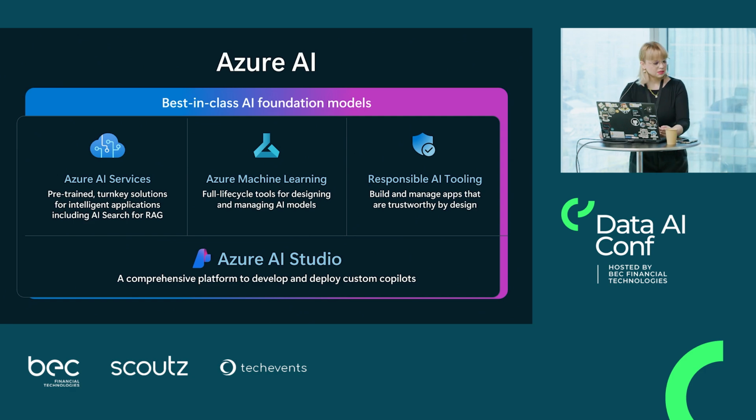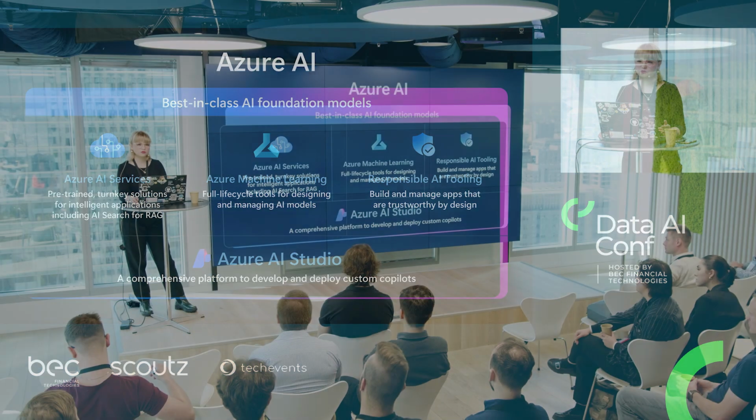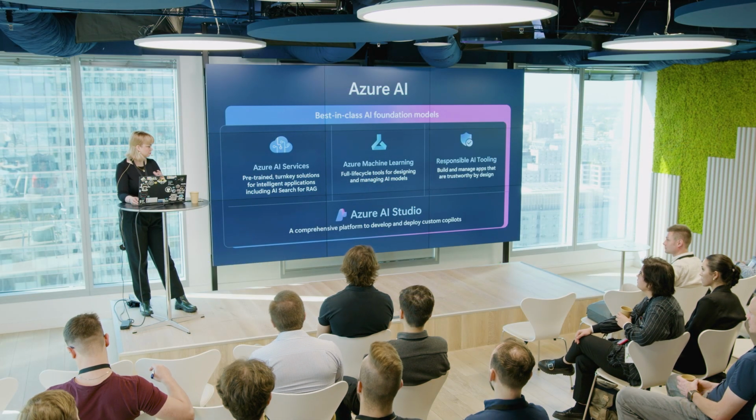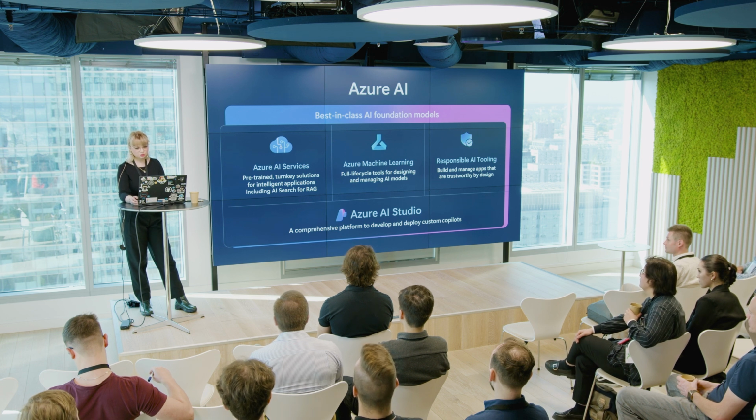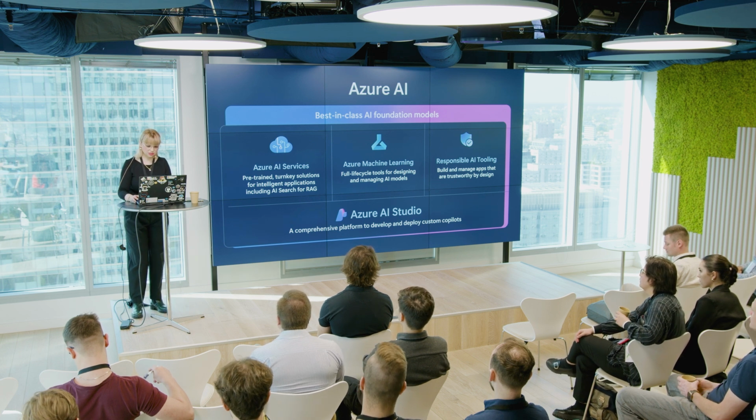One type is the so-called Azure AI services. For example, those are pre-trained models, like Azure AI Search for retrieval augmented generation. Or, if you remember from the previous marketing positioning, Azure Cognitive Services. So under the umbrella of Azure AI services, we are now thinking about those APIs.